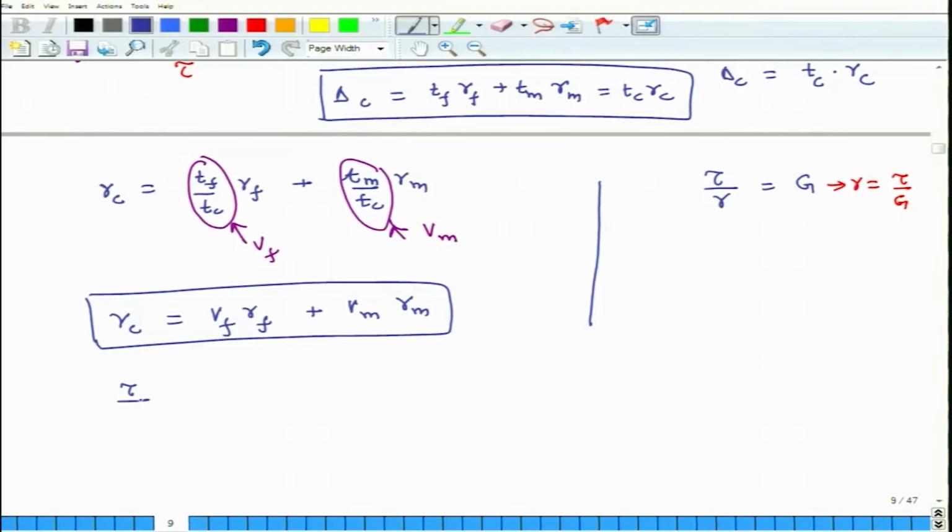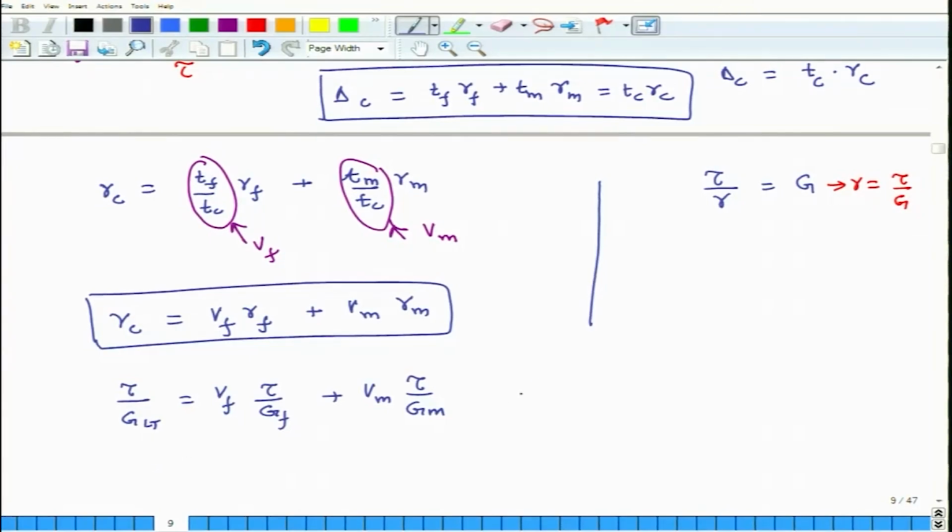the shear strain in the composite, which is the shear stress divided by its shear modulus GLT, tau over GLT, is equal to Vf tau over Gf plus Vm tau over Gm. Now, tau is the same, so it cancels out.